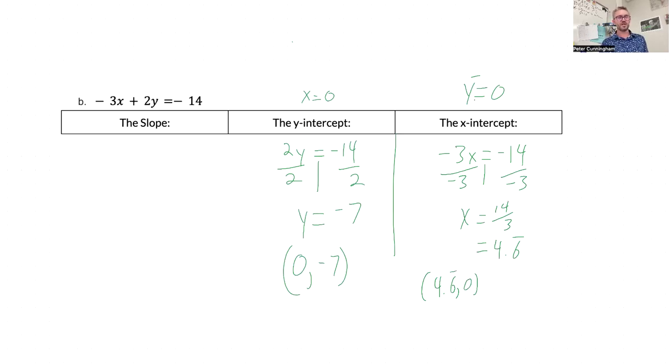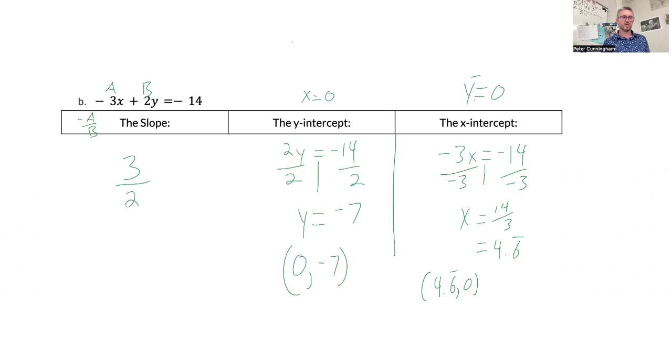The slope, remember, negative a over b. Maybe we should say opposite of a, because especially when the a is already a negative, you're like, oh, -3. Okay, cool. Just keep it -3. But we need the opposite of -3, which ends up being 3 divided by b, which is 2.